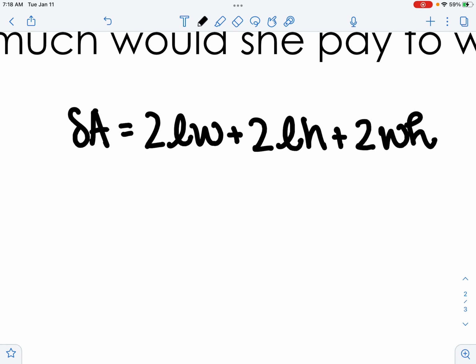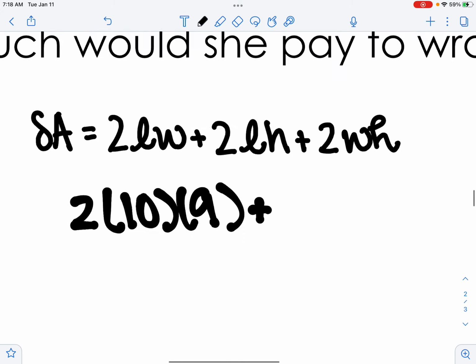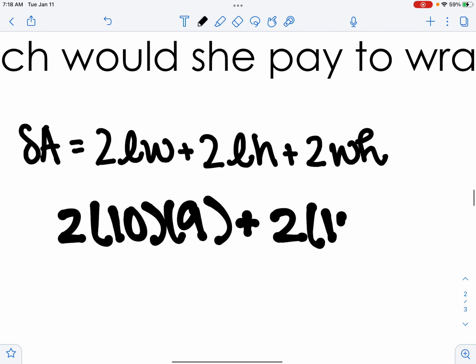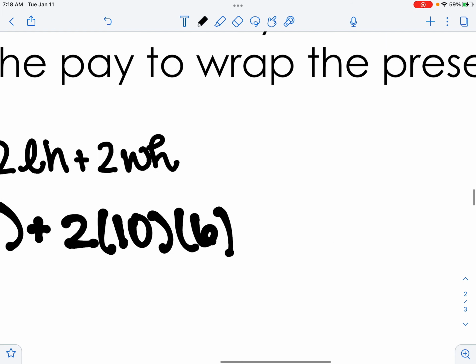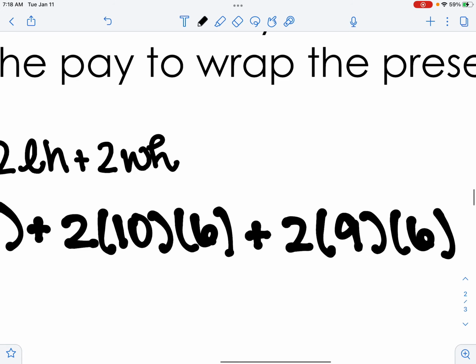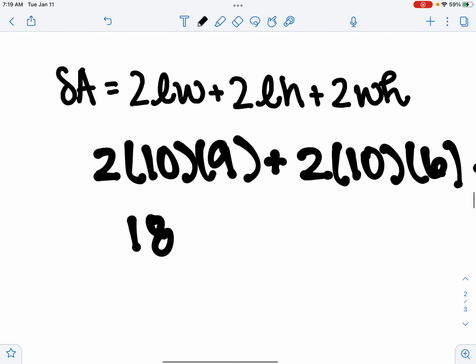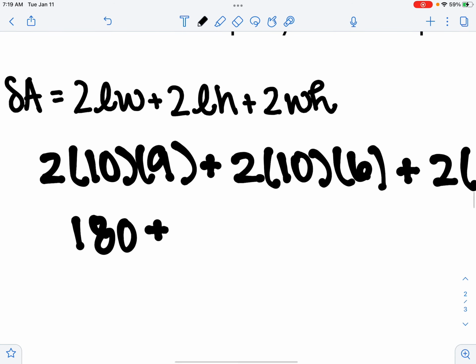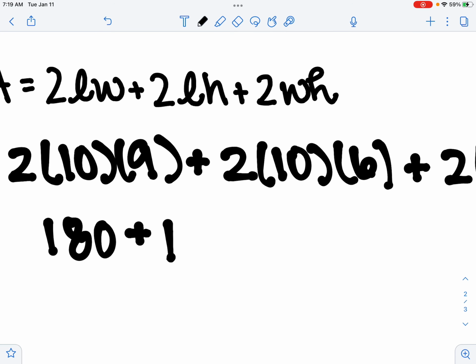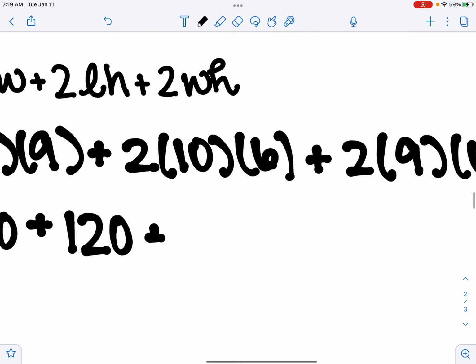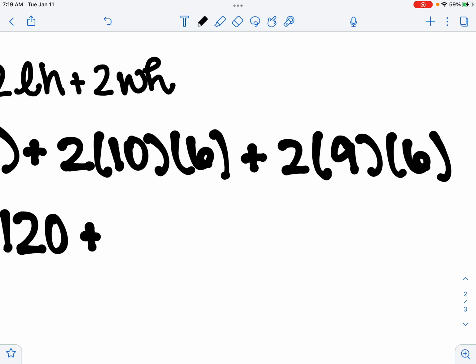All right, so substituting in, we're going to get 2 times 10 times 9 plus 2 times 10 times 6 plus 2 times 9 times 6. And now we simplify each chunk. So multiplying 2 times 10 times 9, I'm going to get 180, plus 2 times 10 times 6 gives me 120, plus 2 times 9 times 6 will give me 108.